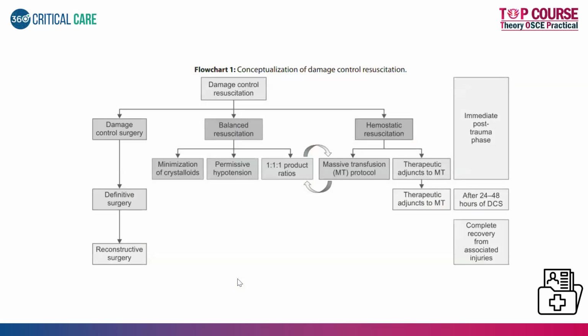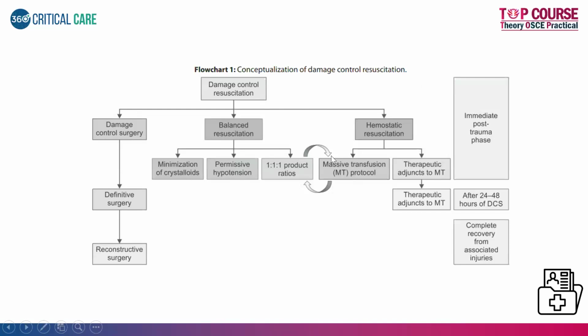Okay, a person who has been identified to receive DCR, the first thing done in DCR is damage control surgery, and then you go on to the other two which I've mentioned earlier. The other two components that go hand in hand with damage control surgery are balanced resuscitation and hemostatic resuscitation. Balanced resuscitation is permissive hypotension with minimal use of crystalloids and rational use of blood products.